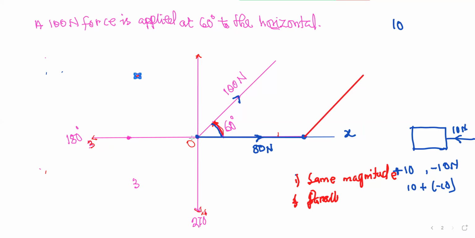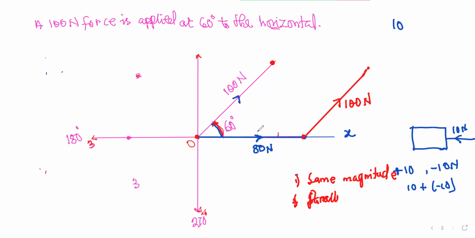Okay, so from start to finish, if 100 is starting from this point and ending here, a twin brother must also have the same magnitude. Secondly, it must also have the same direction as 100. So it will also act here. So I can also call this 100 Newton because they are equal vectors.